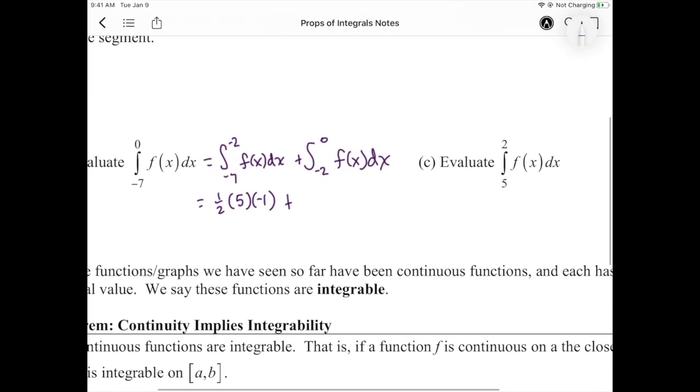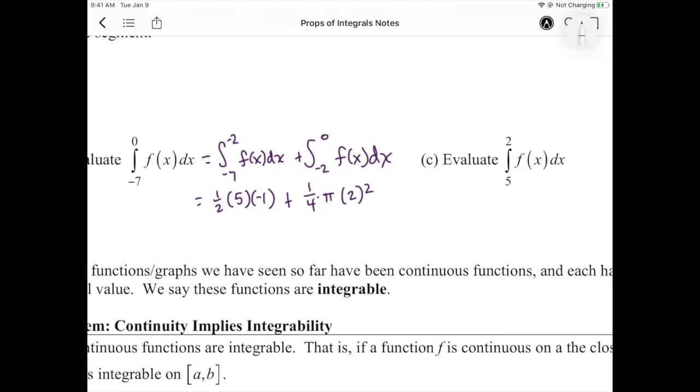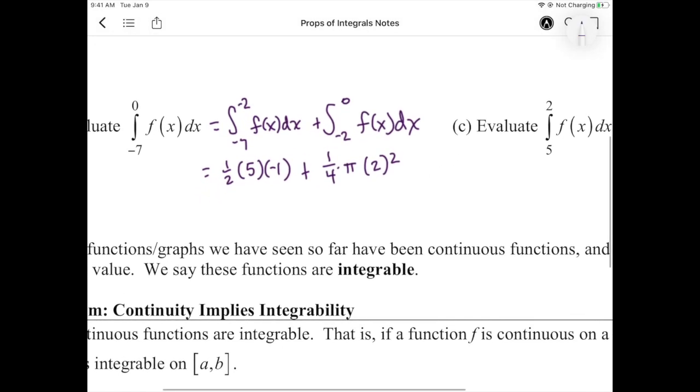And so a quarter circle is a fourth, a quarter. Pi r is 2 squared. So I'm using pi r squared as the area and multiplying it times a fourth because it's just a quarter of the circle. So here I get -5/2, and then over here I end up with just pi. And that is my definite integral.